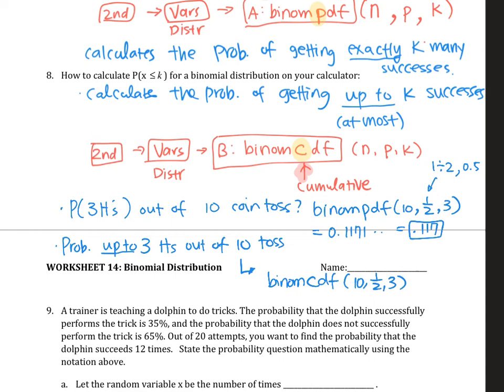Here I'm using CDF. And I know my answer is going to come out a little bit bigger because this includes the probability of getting 0 success and 1 success and 2 success and 3 success altogether. So if I do that, I will get the answer of 0.1718 and so on. So that's 0.172. It's about 17%, so it's slightly bigger. All right, I'm going to have you work on number 9 and we'll meet back at number 10.